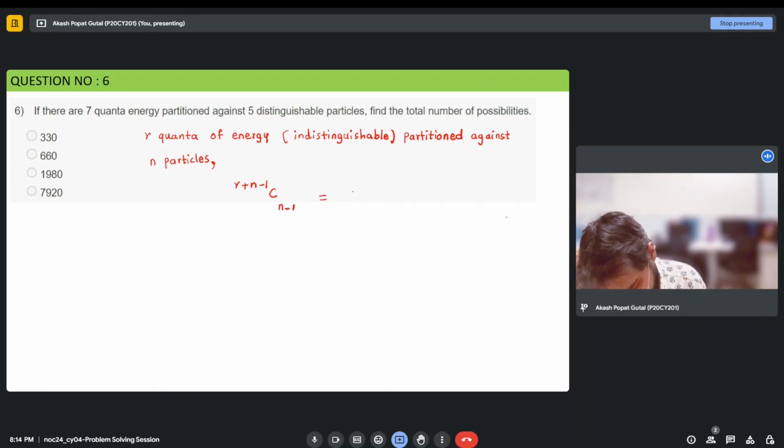So we are having r equal to 7 and n equal to 5.